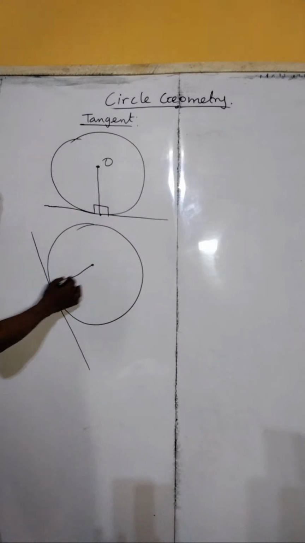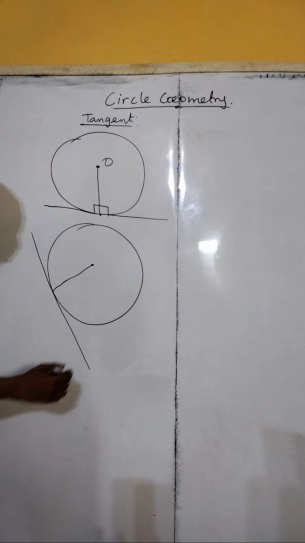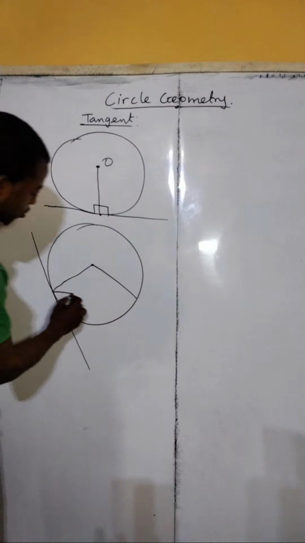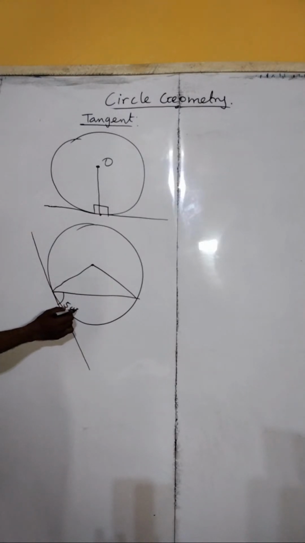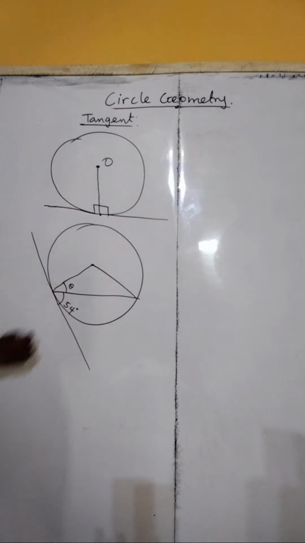Then another one like this, and this one is connected, and we are given this angle here to be 54 degrees. Now the question says we should find this angle called theta.